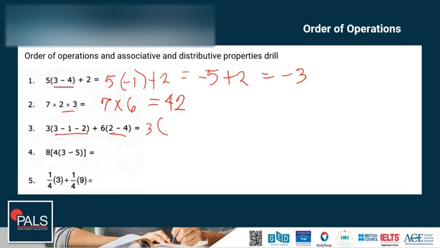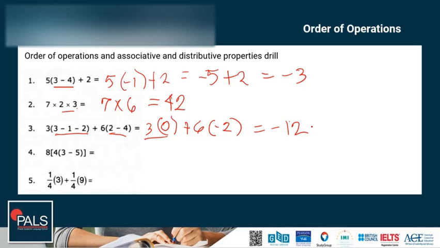Okay, minus, let's solve it from left to right. 3 minus 1 is 2, and 2 minus 2 is, oh no, it's 0, plus 2 minus 6. 2 minus 4 is minus 2. So 3 times 0, any number multiplied by 0 is 0. So it's already 0, so this one is 0. And 6 times minus 2 is equal to minus 12. So the answer in number 3 is minus 12.